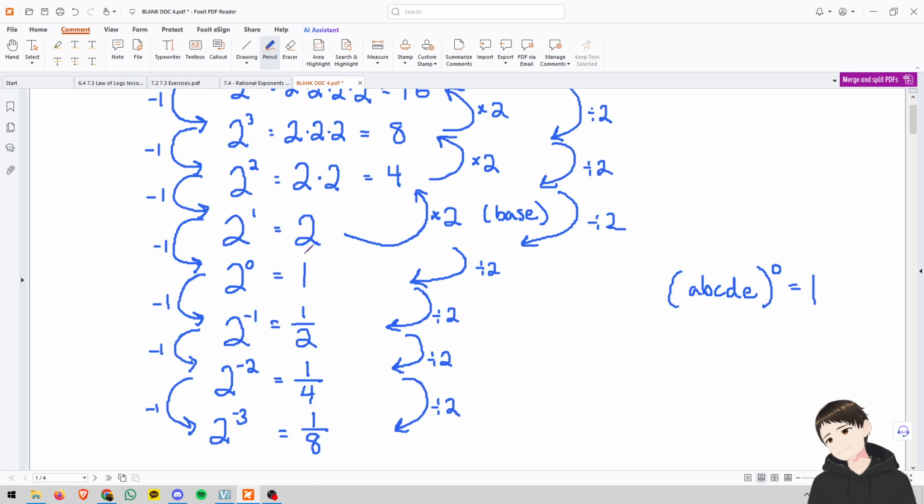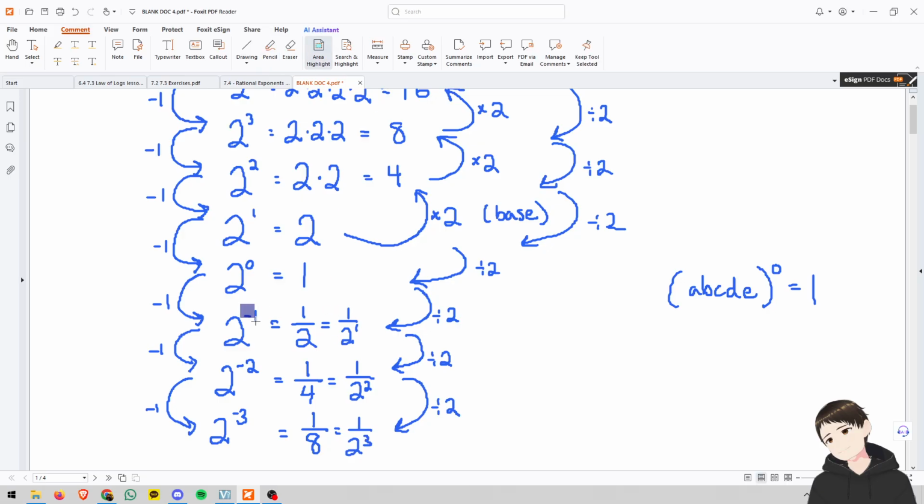Please notice that there is a 2 and a 1 over 2. Above it is a 4, below is a 1 over 4. Above is an 8, below is a 1 over 8. I could actually rewrite these as 1 over 2 to the power of 1, 1 over 2 to the power of 2, and 1 over 2 to the power of 3.